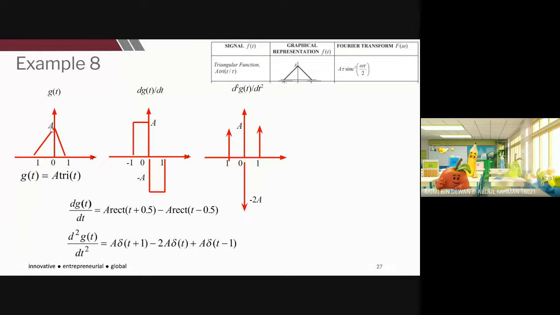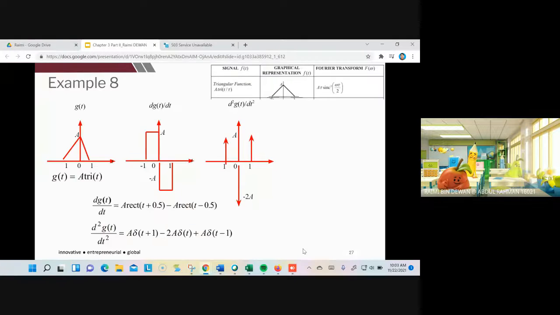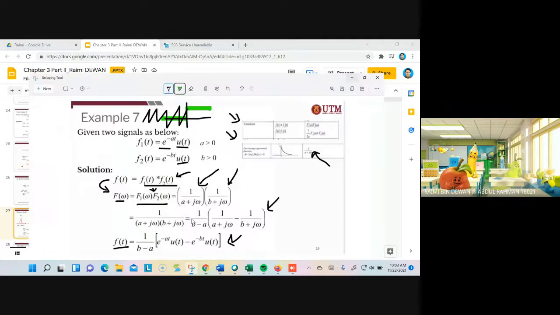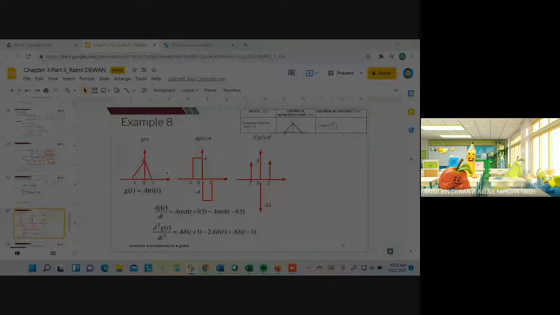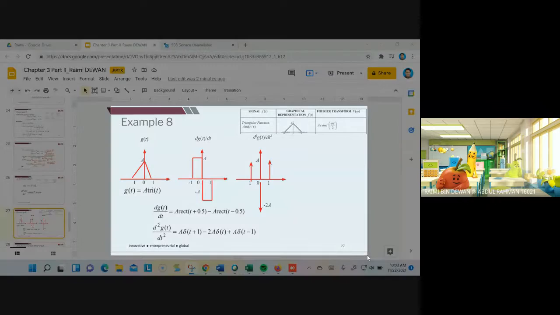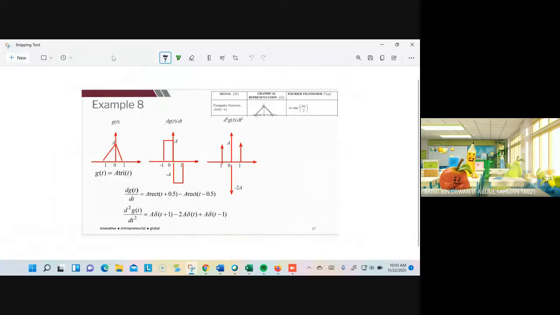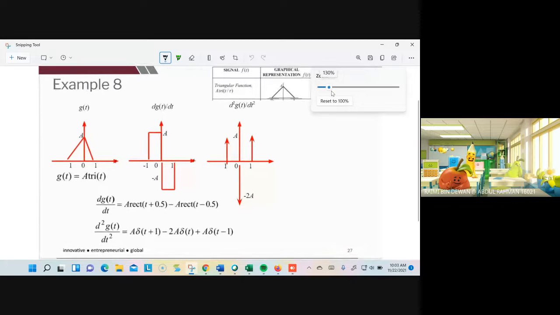So this one is actually a triangular signal. A triangular signal consists of portions.